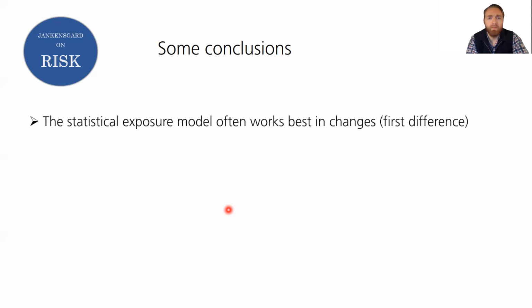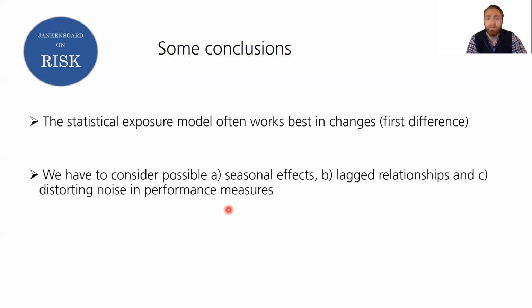All right, so summing up, the statistical exposure model works best in changes. That's important to remember to deal with these trending variables and all the problems that are created by that. As we do this, you could consider seasonal effects. A lot of companies have those.